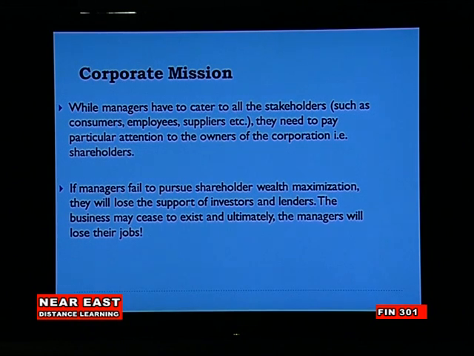For that, if the board of directors fails to achieve this goal, to maximize the value of the investments, the value of shareholders' wealth, maybe shareholders will elect another board of directors. They will change the manager. For that, all the managers are seeking to maximize the value of the investment for the company. If the manager fails, they will lose their job.